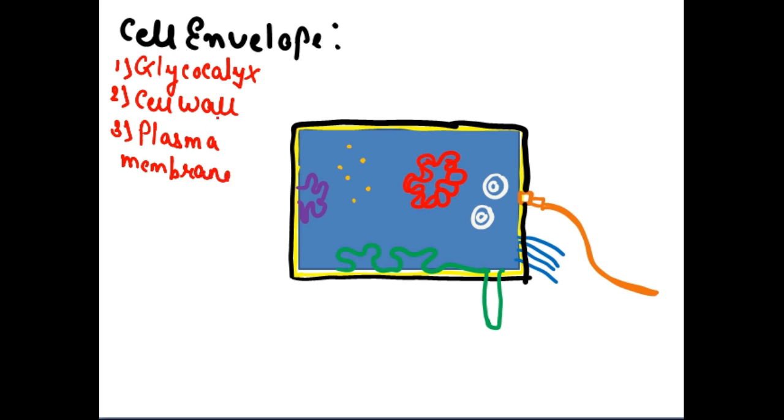Now the outermost structure of the cell envelope, which is made up of different chemicals, is called glycocalyx. Then this yellow portion is called the cell wall.